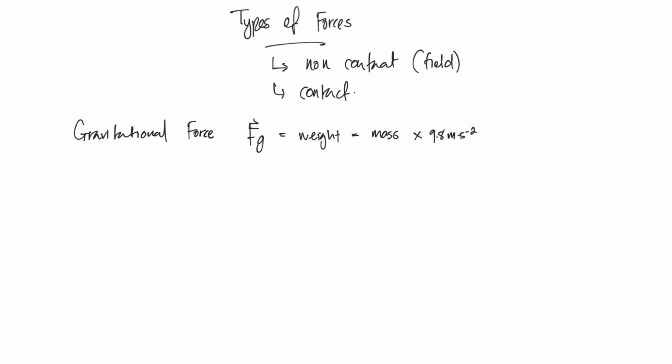That's your gravitational acceleration, and that whole thing is downwards. So you'll see that we use the symbols mg and w for weight.